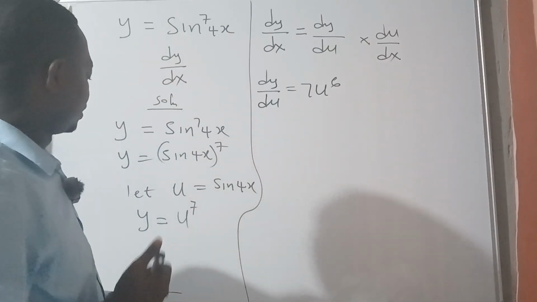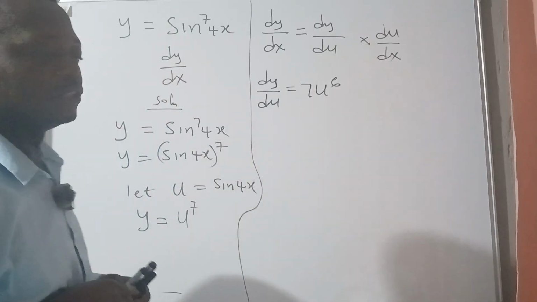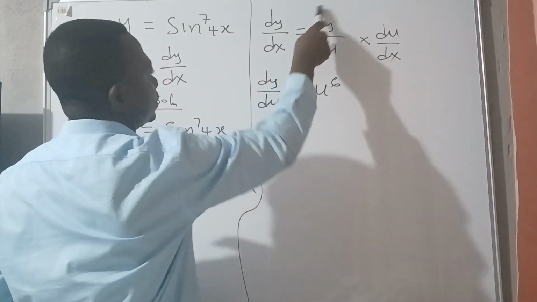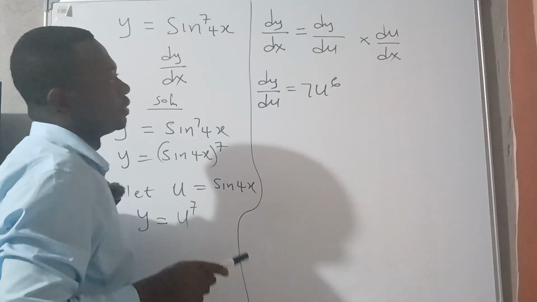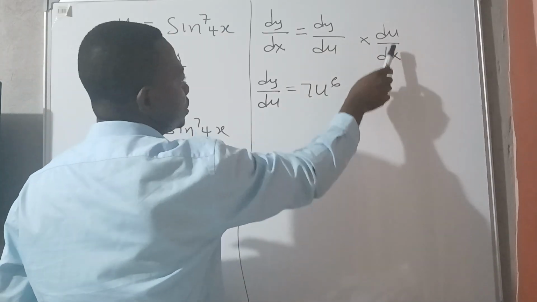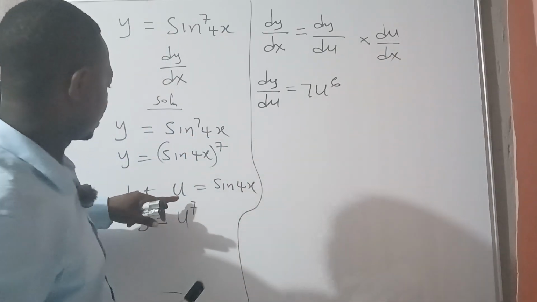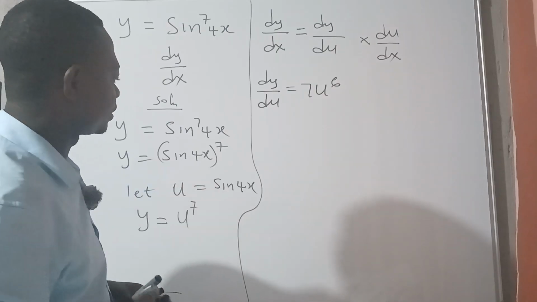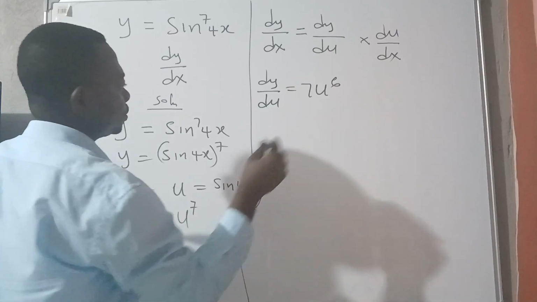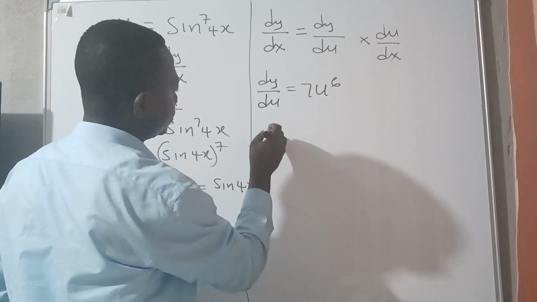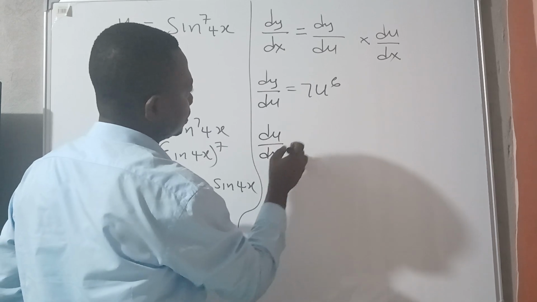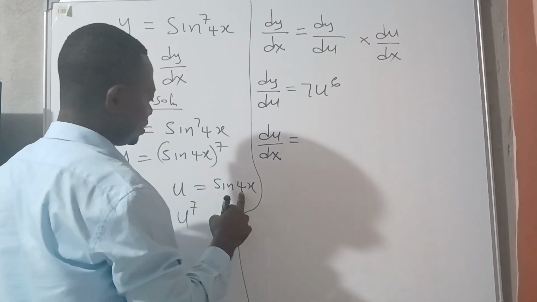Next is du/dx, where u equals sine 4x. And how do we differentiate this?